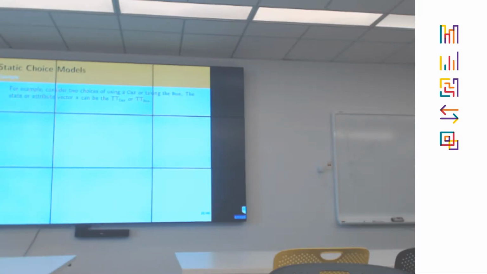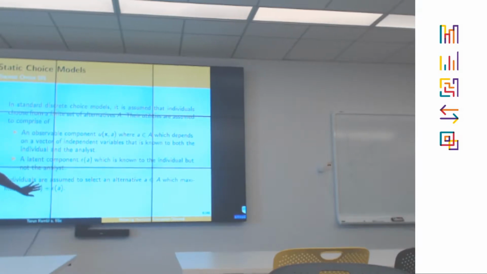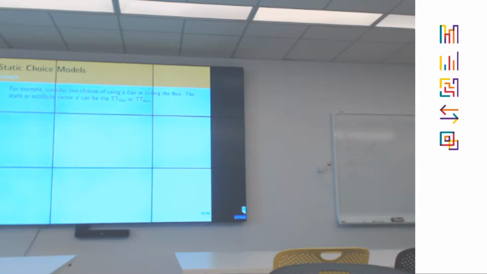But on the other hand, the analyst again doesn't have access to the epsilons. The analyst only knows the first part of this expression. So let's take a small example. Consider two choices that an individual can take, let's say a car or a bus, and the attribute the individual is concerned with is travel time.